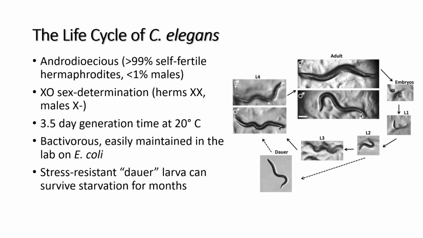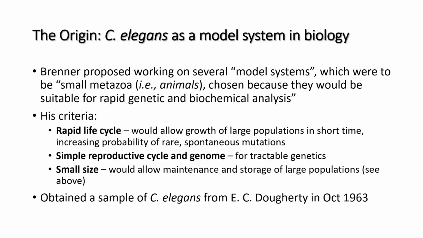A simple reproductive cycle and genome for tractable genetics. And there's a lot of small organisms that do not have simple life cycles. They may be facultatively sexual or asexual, or think about malaria parasites, you have to go through multiple different hosts.